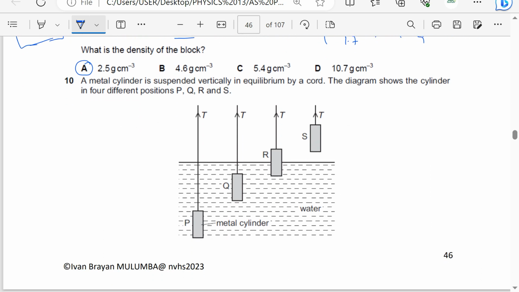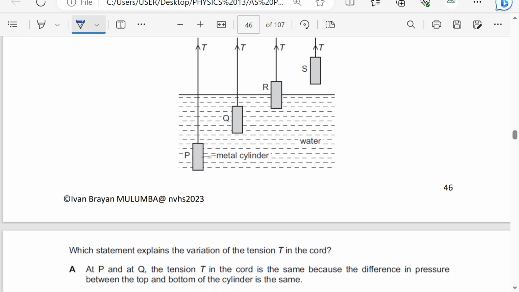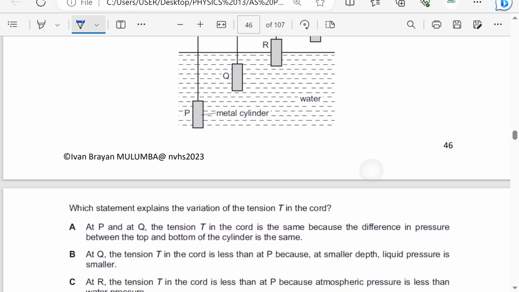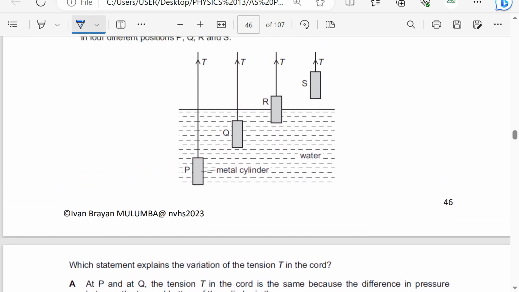A metal cylinder is suspended vertically in equilibrium by a cord. The diagram shows the cylinder in 4 different positions, P, Q, R, and S. Which statement explains the variation of the tension T in the cord?